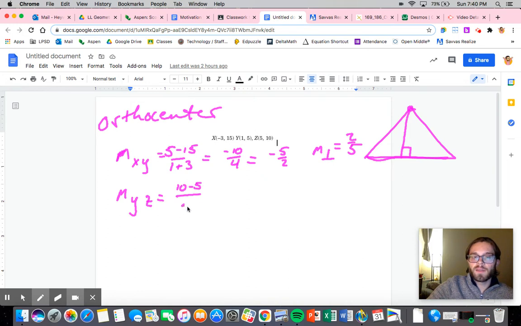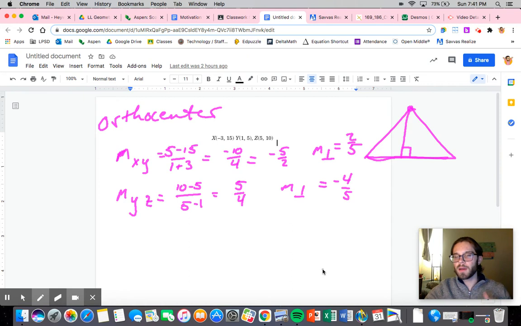Change in x is going to be 5. It's actually kind of nice. 5/4. So my perpendicular slope here is going to be negative 4/5. And I actually don't hate that because that means both of them have a denominator of 5. So that's good to work with.